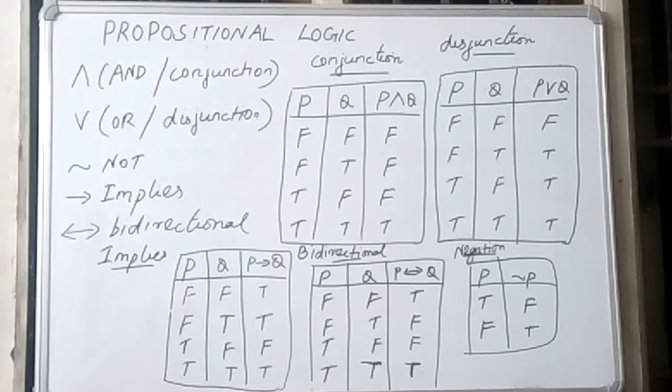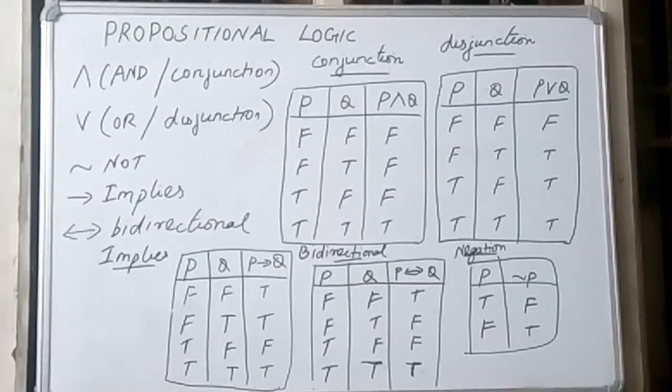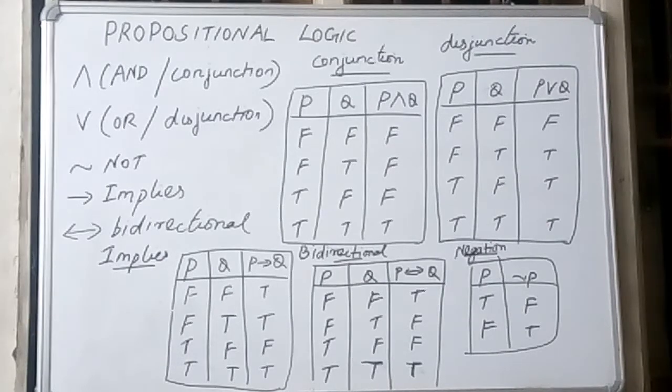That's why the first two false values give the result true, and the last two values, that is true, give the result true. So it is true only when P and Q are both the same. In bidirectional, we should keep in mind that whether the values of both P and Q are true or false, if both the values are the same, the resultant value is true.